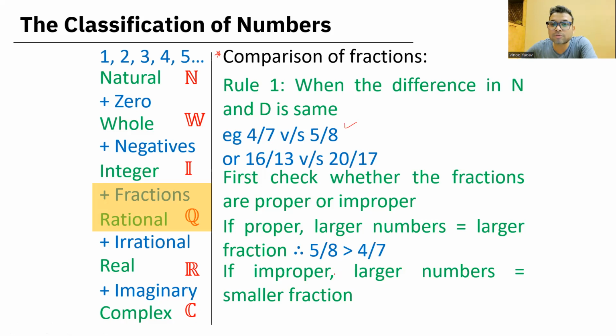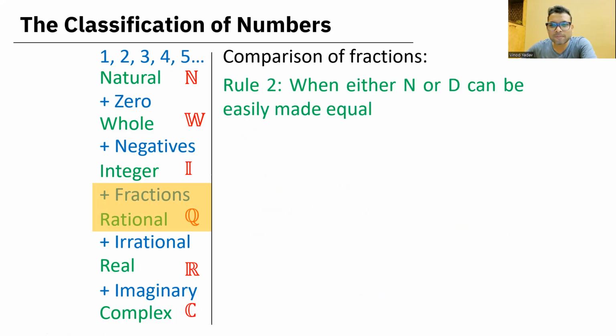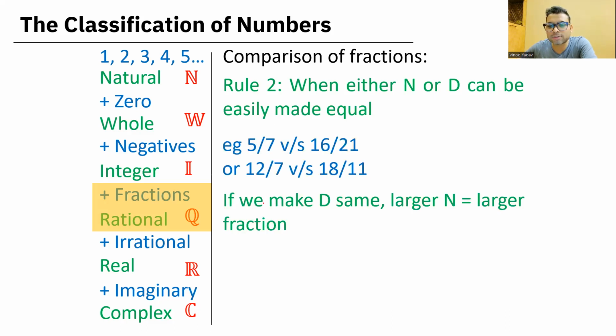So larger numbers will give you smaller values. It means 20 by 17 looks bigger, but actually its value will be smaller. So 16 by 13 will be bigger in this case. So the rule of thumb is proper fractions behave properly. Simple. Okay. All right.